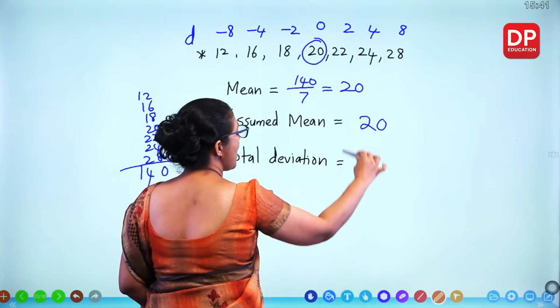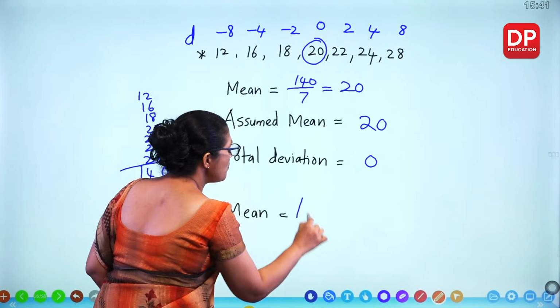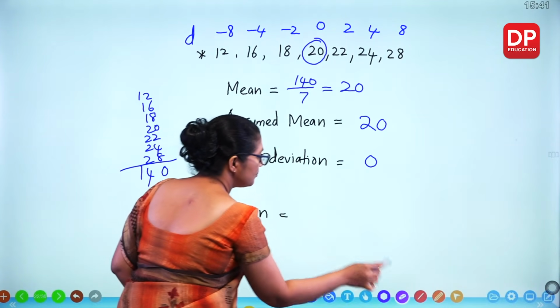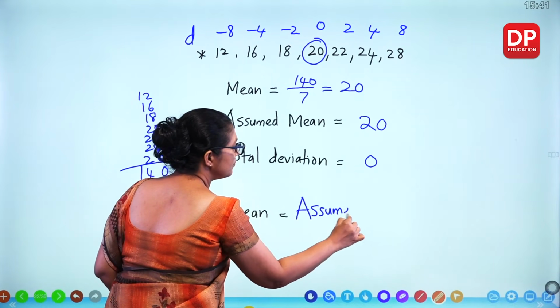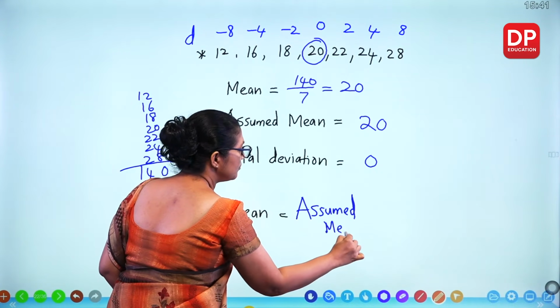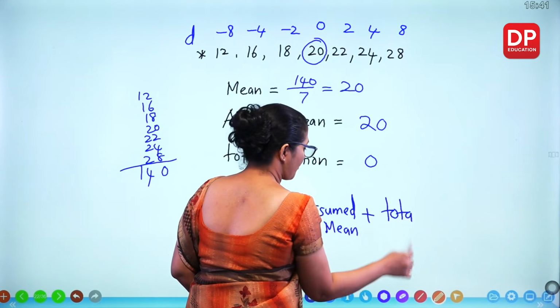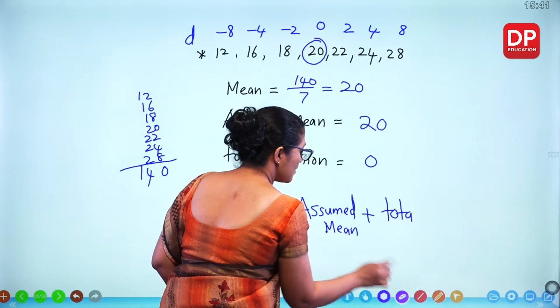So how do we find the mean? Actual mean is the assumed mean plus the total. So we call it mean deviation actually.